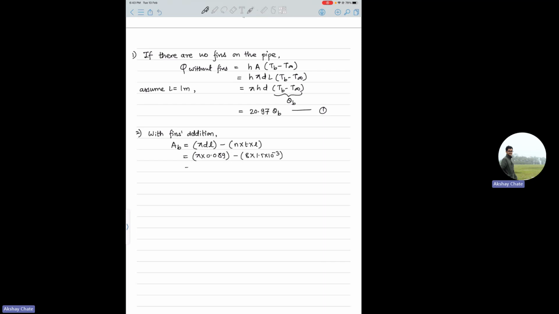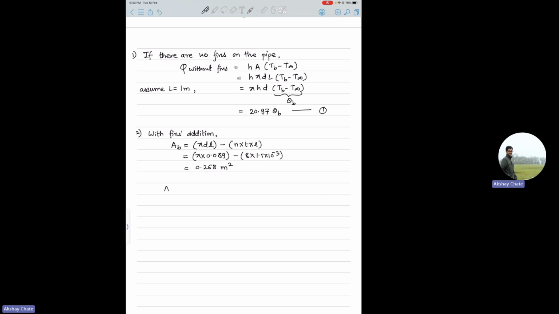So this is 0.268 meter square. Yeah, I think it is correct. Okay, so this is your area without fins.